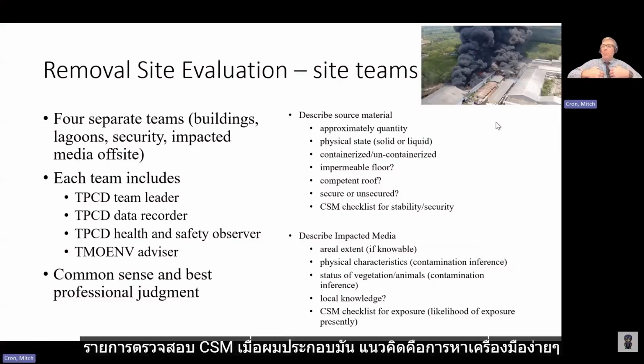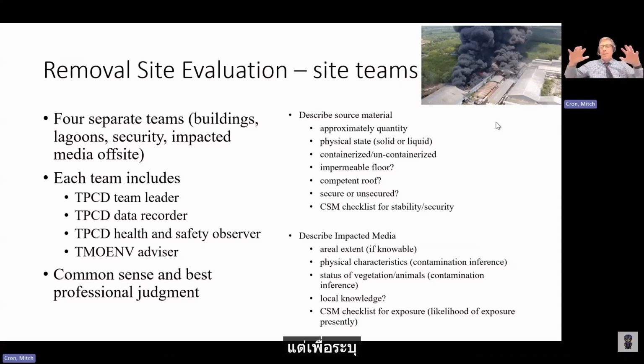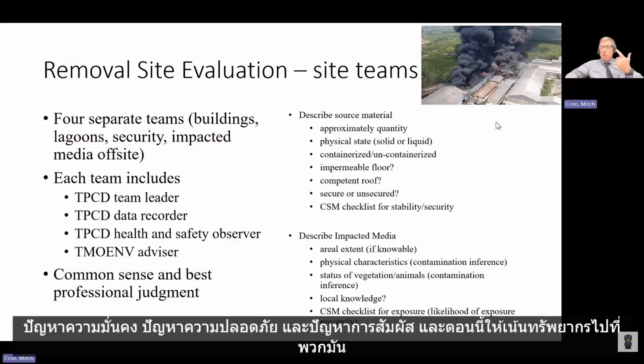The CSM checklist, when I put it together, the idea was to find a simple tool to identify not the total extent of contamination, but to identify threats, stability problems, security problems, and exposure problems. And for now, focus the resources on them.